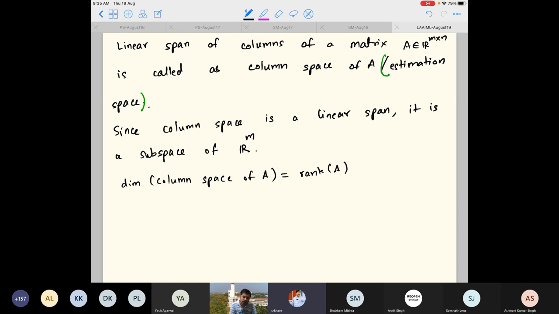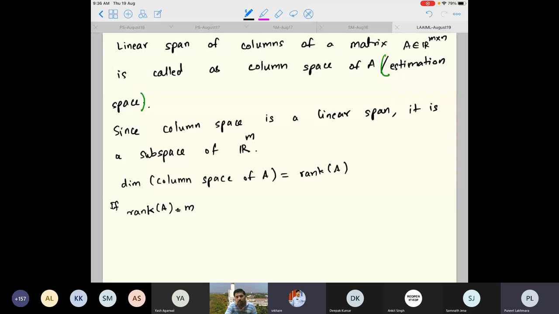Okay, so now what happens if rank of A is equal to m? What will happen? Unique solution. No, so from the point of view of subspace, what will happen?